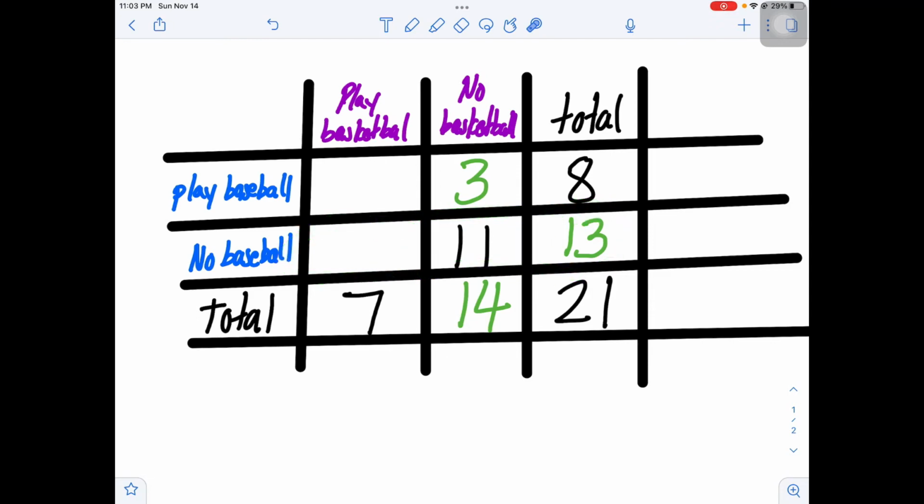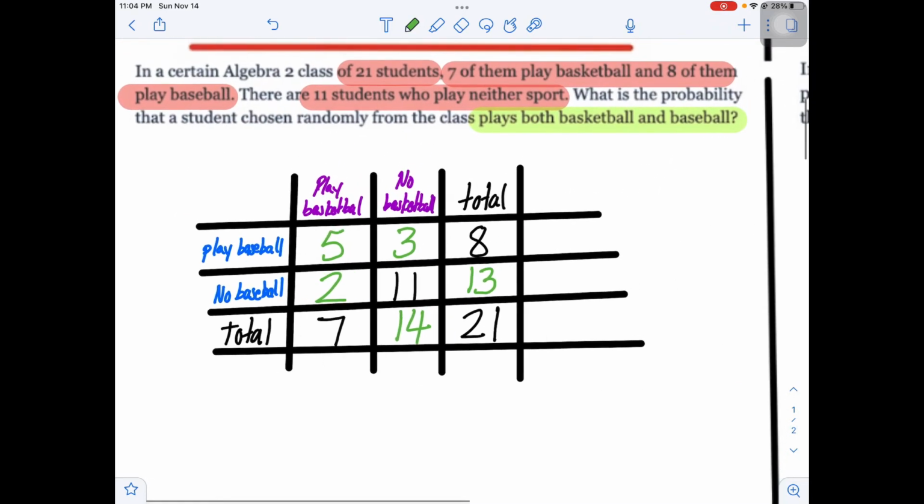So I can go backwards. 13 minus 11 is 2. And finally here, this number plus this number is equal to 7. Well, I can go backwards again. 7 minus 2 is 5. Just like that. Look at that.